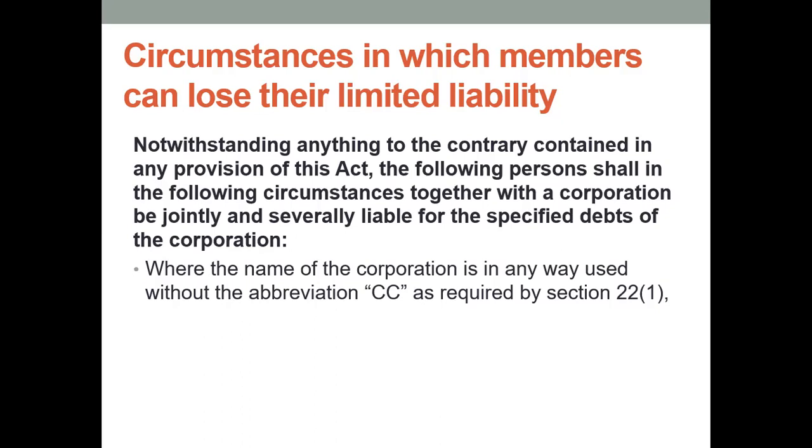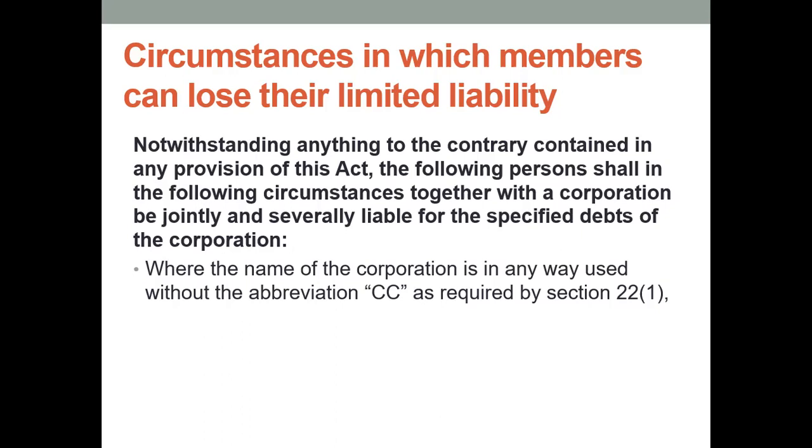The company is a different entity from the owners or from the members. So if the company goes bankrupt, the banks and all the creditors won't come after your properties. That is limited liability.